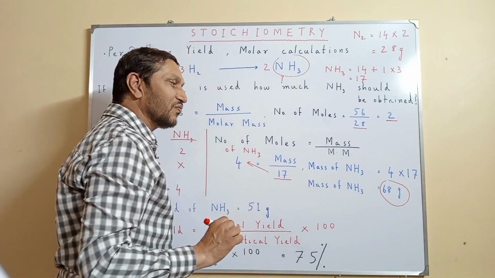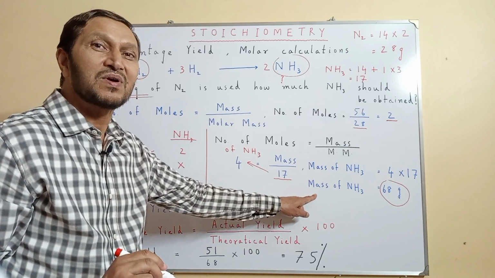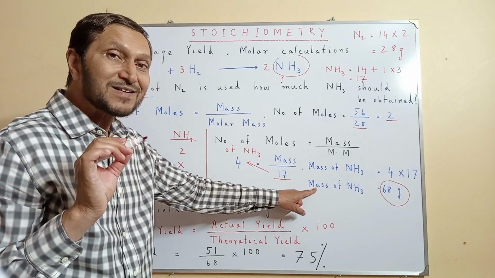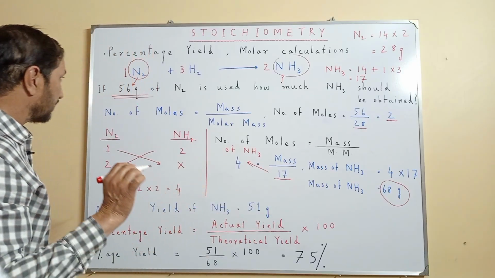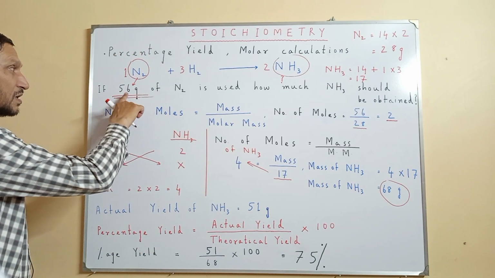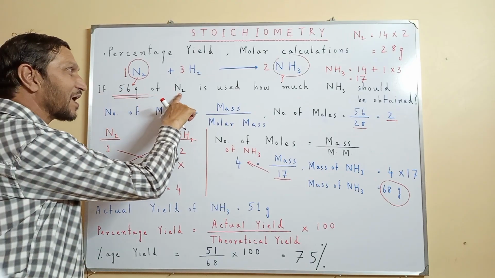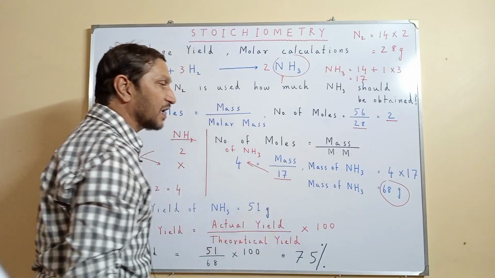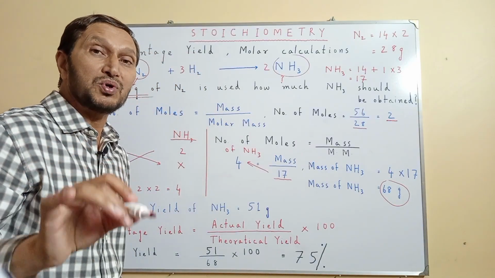In this way we found the mass of ammonia which we expect: if 56 grams of nitrogen is used, then 68 grams of ammonia should be produced.